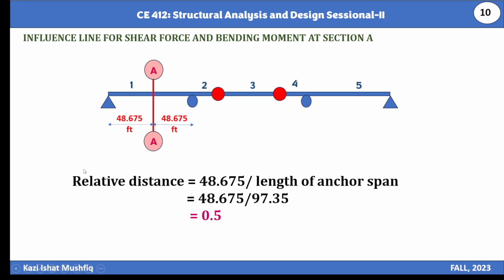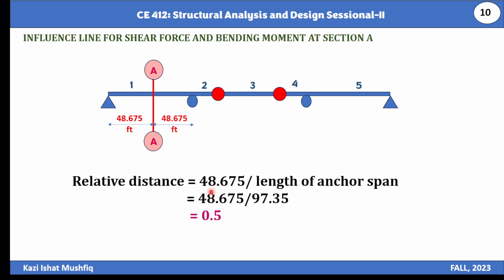So the relative distance will be, here you can see, the relative distance will be from the left. So from left we have 48.675 feet and we will divide it with the total anchor span length, which is the length of anchor span.